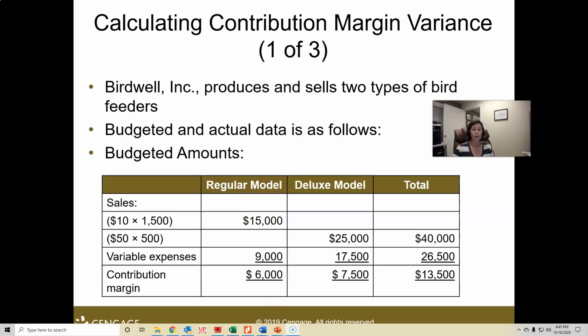If we subtract the variable expenses from the price, what we're left with is the contribution margin. And just to recap what that means, basically the variable expenses are the costs associated with the actual production of that product.